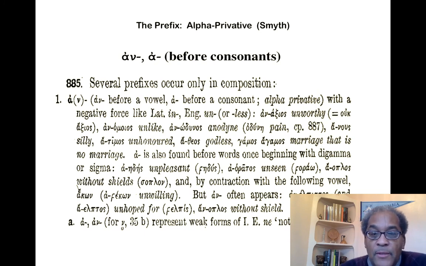But alpha nu often appears in elpistos, unhoped for, an-oplos, without a shield. So a and an represent weak forms of the Indo-European ne, not. So this alpha-privative is something you'll see all over in the formation of Greek words.